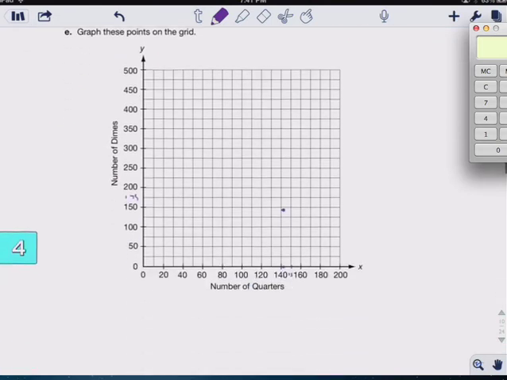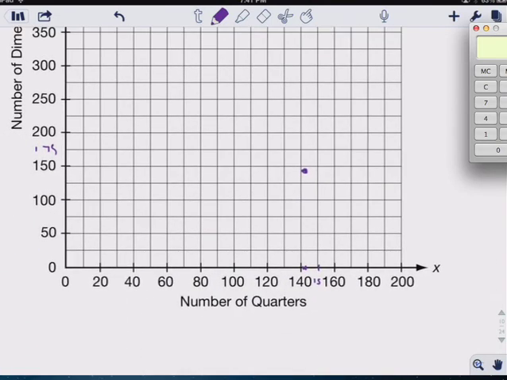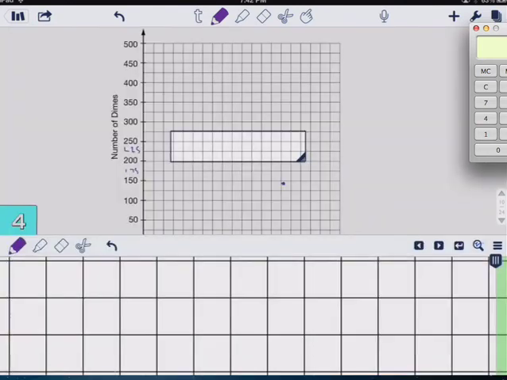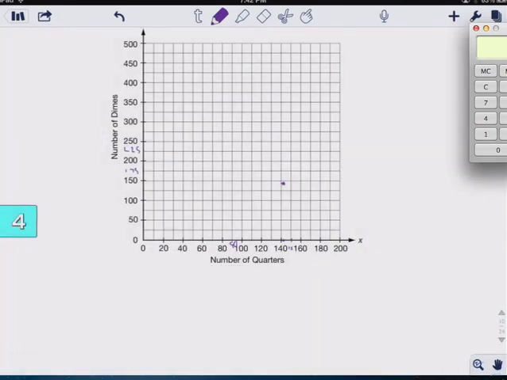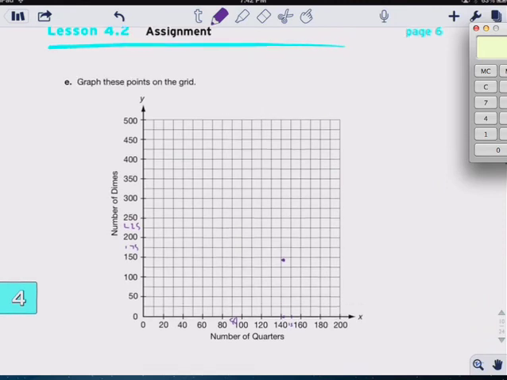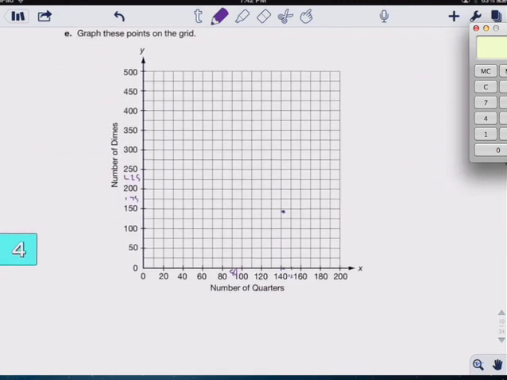And 88 and 230. It's 225, so it's higher than this. Oops, sorry. It's 88 and 230.